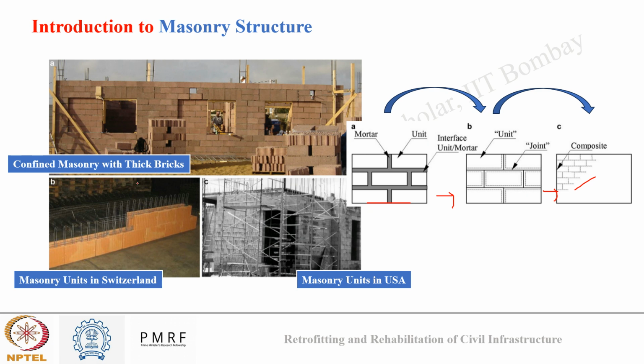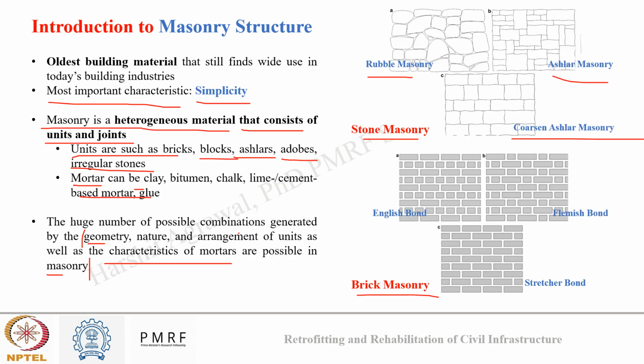A few applications of brick masonry can also be seen in these images, like confined masonry with thick bricks that are mainly used in areas where seismic activities are very critical. Here you can see masonry units used in Switzerland, and here masonry units used in USA. So masonry can have different kinds of geometry or combination based on the arrangement of the two basic units, which are units and joints.